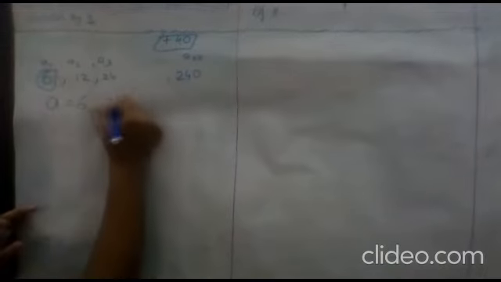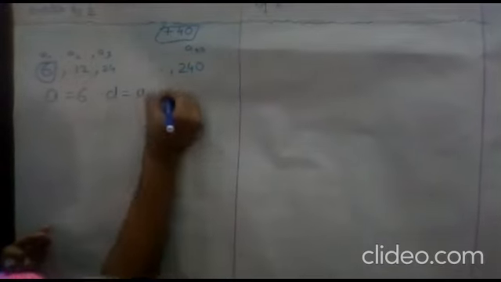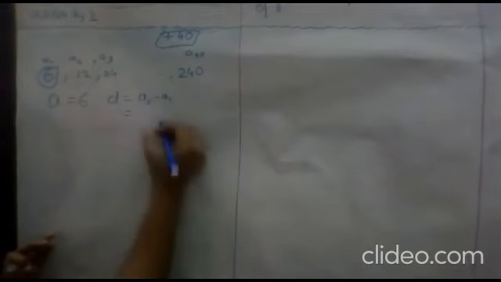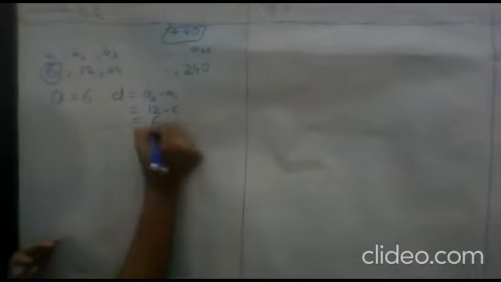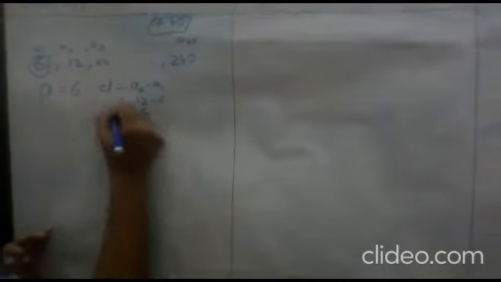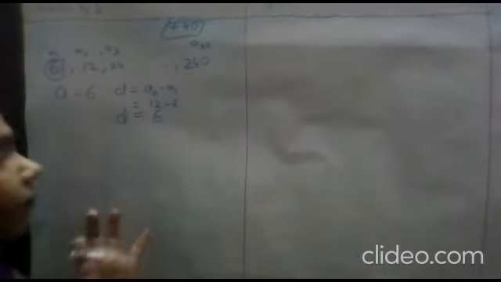Okay, so what is our a? a is equal to 6. Then after that, what is d? How do we find d? A2 minus A1. What is A2? 12. A1 is 6. That is our 6. So d is our 6.